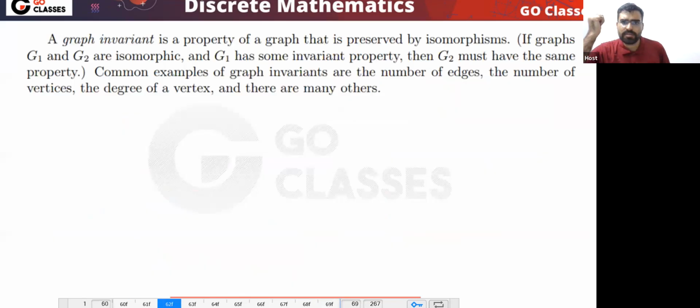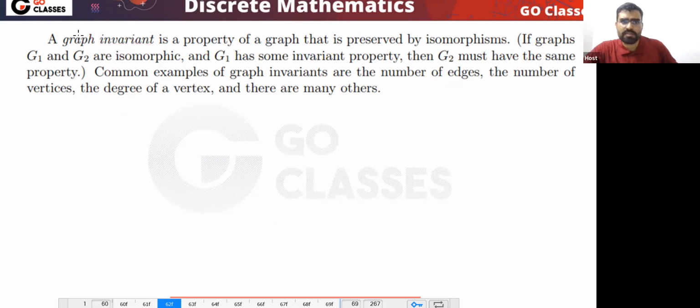Is it clear to everyone? Please tell me. Now you can notice what a graph invariant is. Graph invariant means it does not vary. Invariant means it does not change for isomorphic graphs. If you have two isomorphic graphs, then it does not vary.